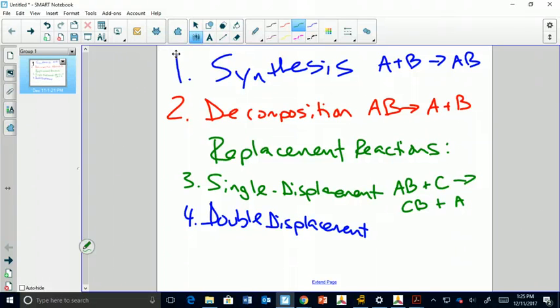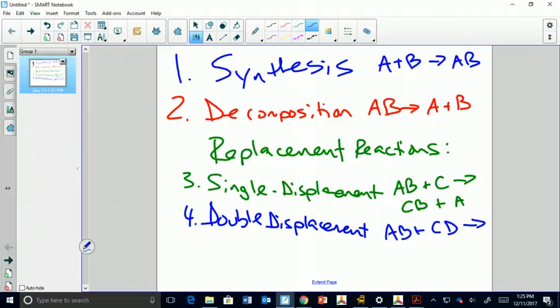Double displacement's a little bit more funky. I've got 2 couples. Well, you see where this is going. Oh, no. And both of these couples break apart, and they switch partners, and they come back together. So realize you have to do this correctly now. These are 2 metals, right?